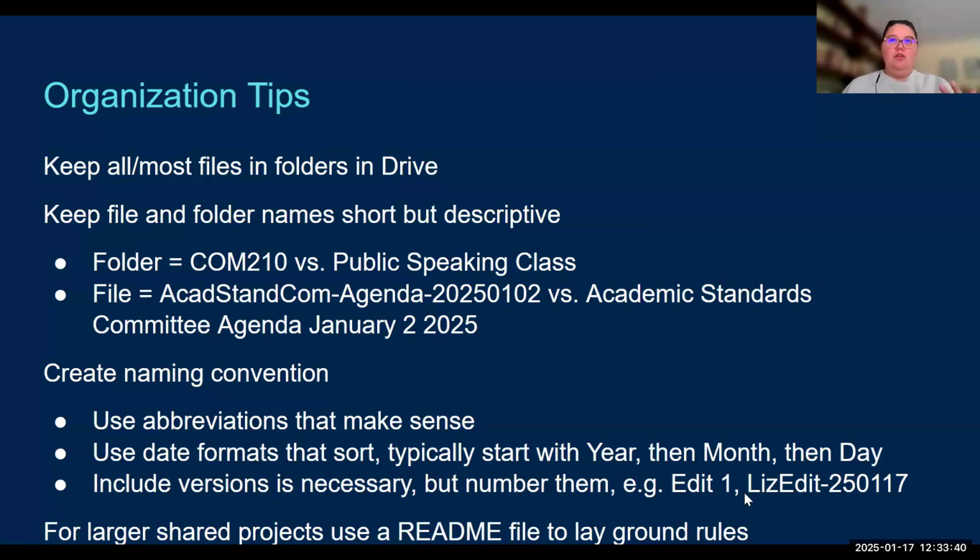And actually, a good rule of thumb for larger group projects, things that you're going to be working on for a semester or multiple semesters, whether that's with your peers, with your faculty mentor, or in a larger department setting, is creating what's called a README file, just to lay out those ground rules.